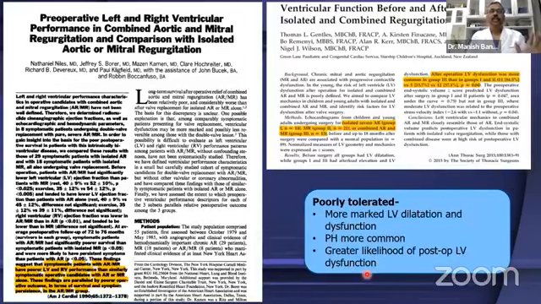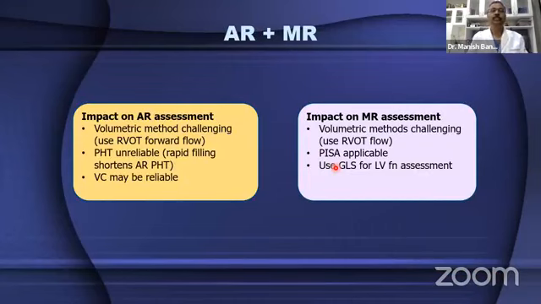Unfortunately, this combination is tolerated very poorly because there is double volume overload on the left ventricle, and that results in significant LV dilatation and dysfunction. It's been shown that these patients have much more LV systolic dysfunction prior to surgery, and post-operatively also there are high chances of residual LV systolic dysfunction and worse outcome.